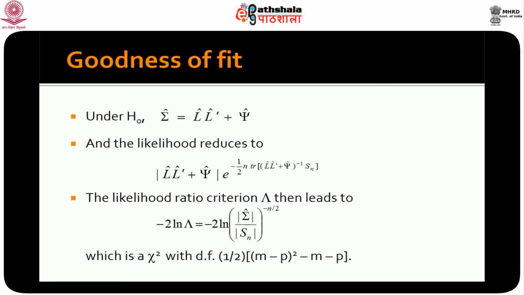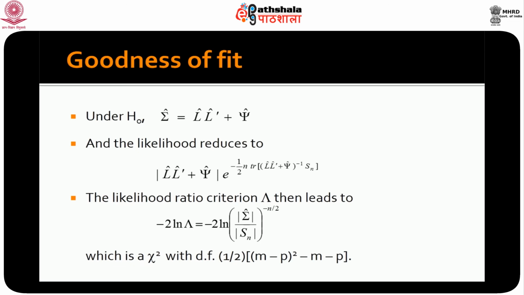How do you get this degrees of freedom? Remember, for the unrestricted case, you have the sigma matrix. So the sigma would have unique elements. How many unique elements? There would be m minus 1 plus m minus 2 minus etc. up to 1 off-diagonal elements and m diagonal elements, because this is a symmetric matrix.